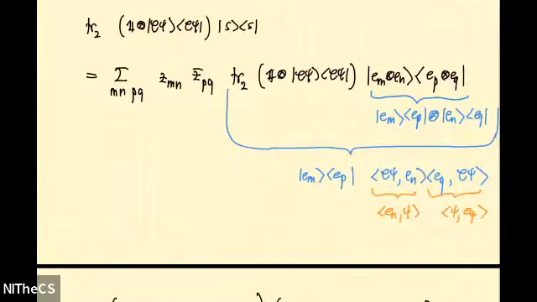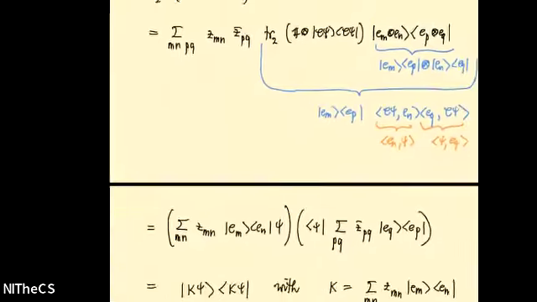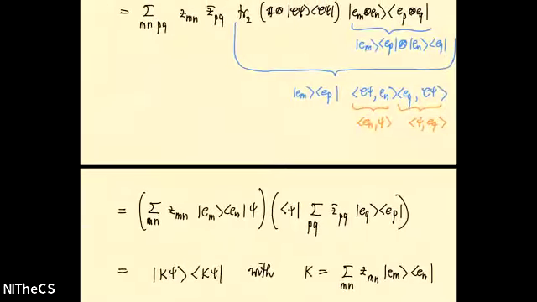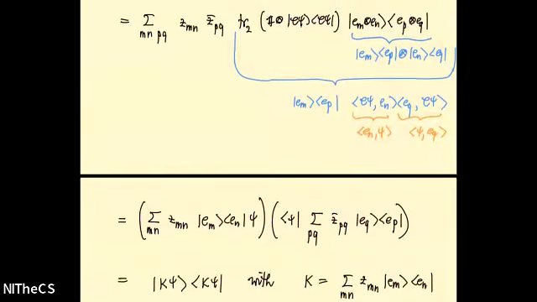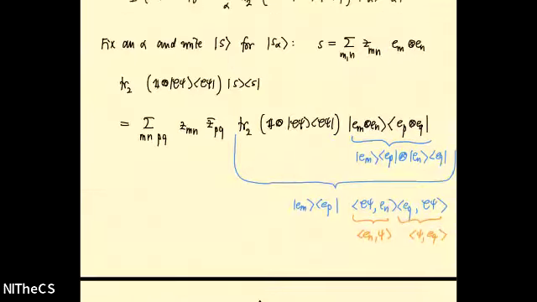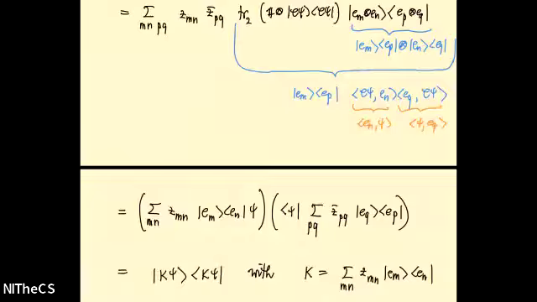Because the point now is that, you see, here I can write this whole thing in this form. I can collect everything that goes with M and N. I have ZMN, then I have EM, and then EN applied to psi. I wrote this here.